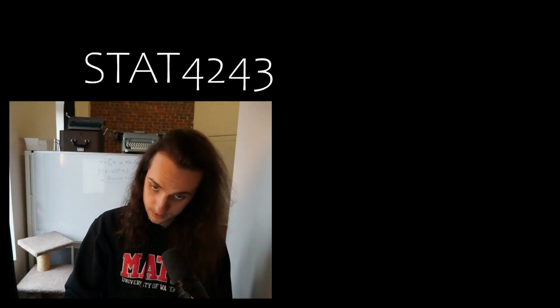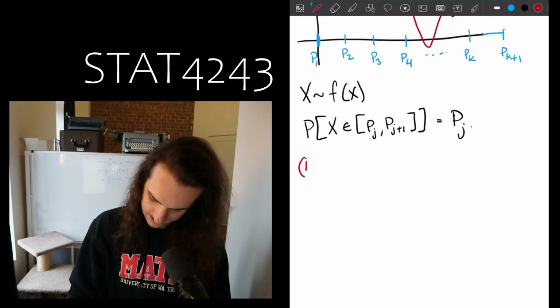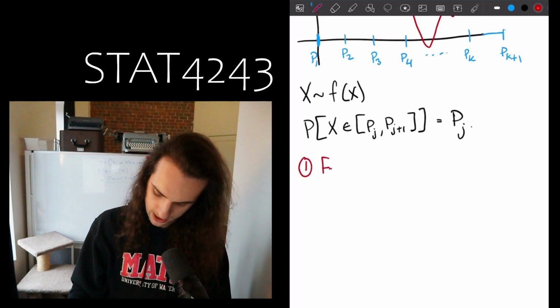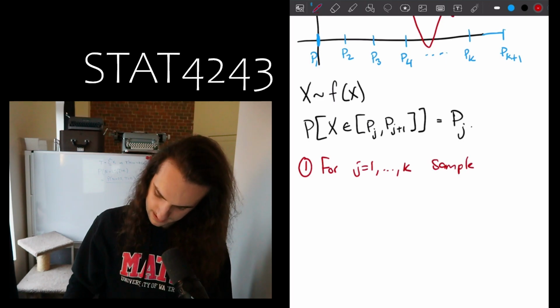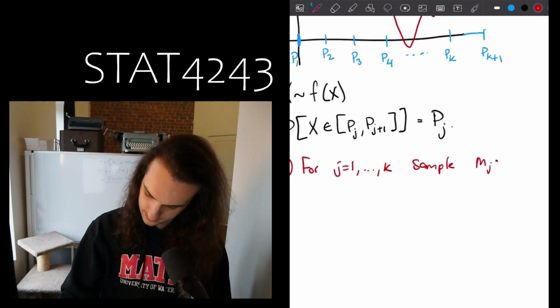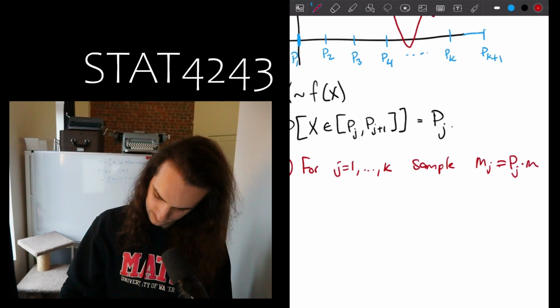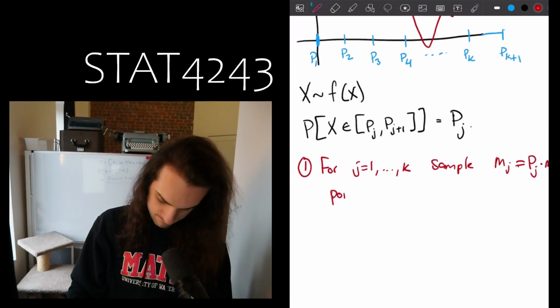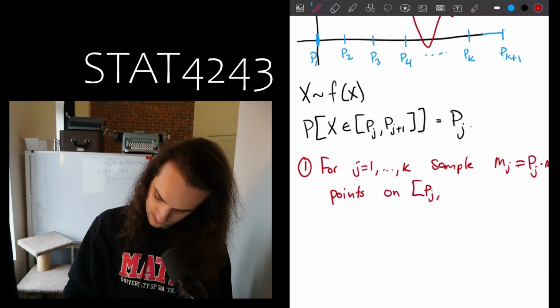And then what we do is for each j from 1 up till k, we sample mj, which is equal to pj times m points on the interval pj to pj plus 1, right?